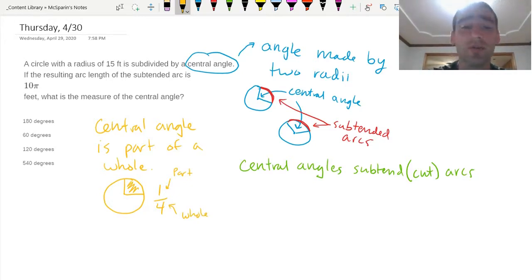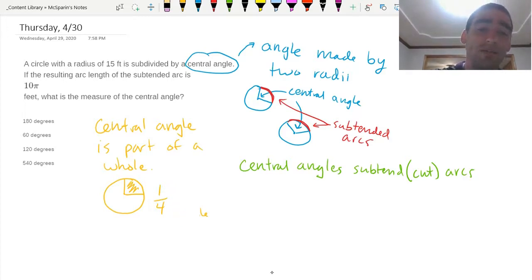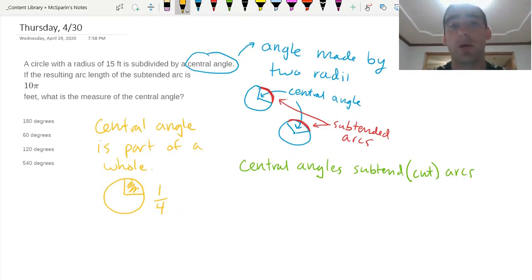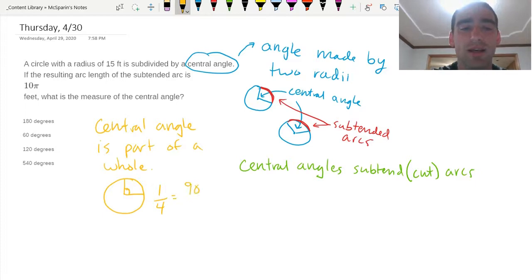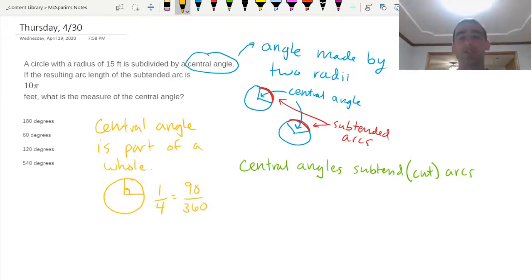Most of you could also tell me that that angle, and obviously it's not drawn perfect, but let's pretend it's a right angle, then it is 90 out of the whole, which is 360. There's 360 degrees in a circle.